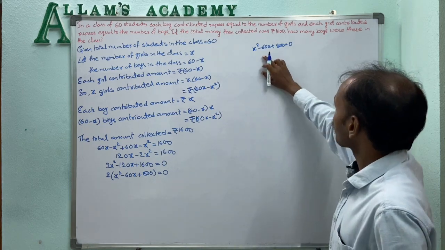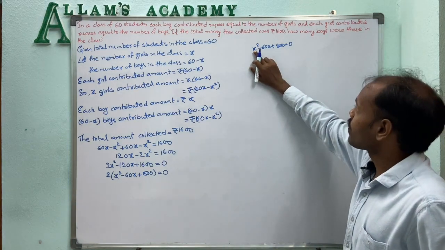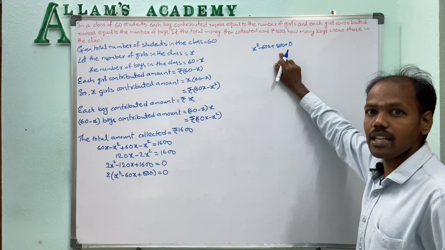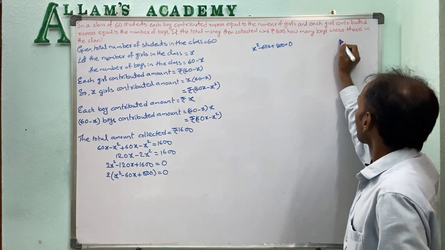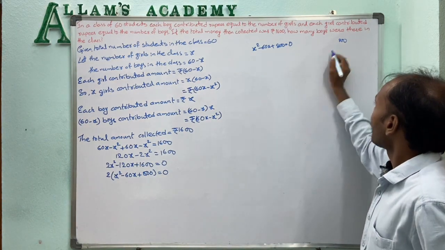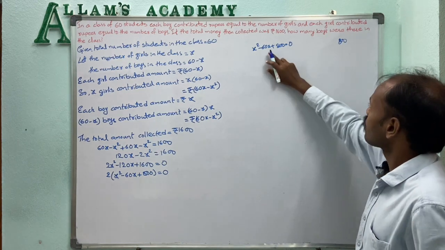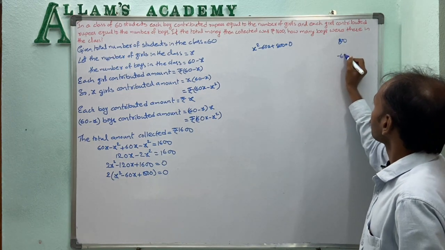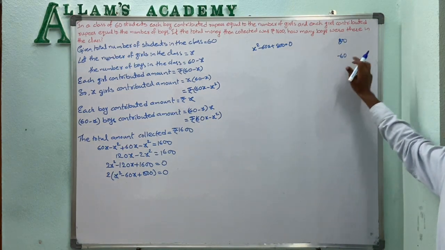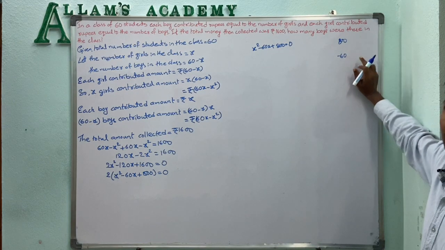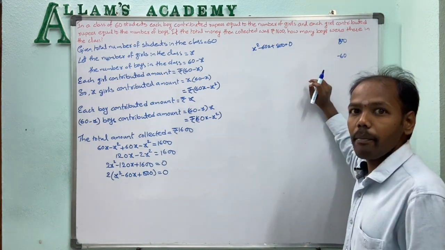That means by the product we want to get, the x square coefficient is 1 and the constant term is 800. So the product we want is 800 and the x coefficient is minus 60. That means the product of two numbers is 800 and the addition is minus 60.